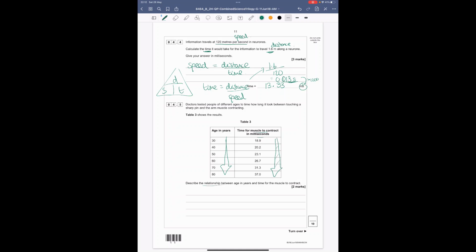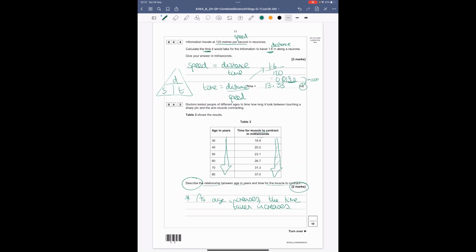It says, describe the relationship between the age in years and the time taken for the muscle to respond and contract. Well, it's 2 marks, so it's a description question, and we need to say 2 clear points. First of all, we can say the overall pattern, which is, as age increases, the time taken for the muscle to contract increases.